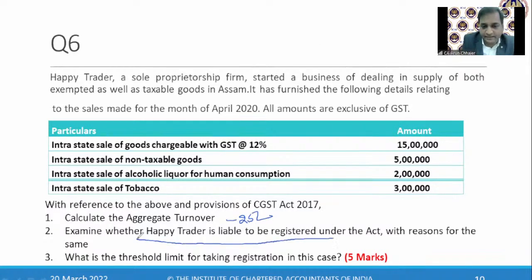Examine whether Happy Trader is liable to be registered.